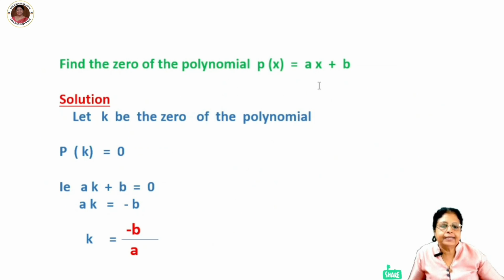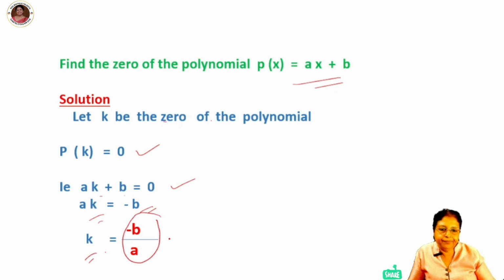Consider the zero of the polynomial p of x equal to ax plus b. Then k is the zero of this polynomial. That means p of k equal to 0, that means ak plus b equal to 0. Then ak equal to minus b. Then k, that is the zero of the polynomial, is negative b upon a. So, where this graph will intersect the x-axis, that is at negative b upon a, 0.